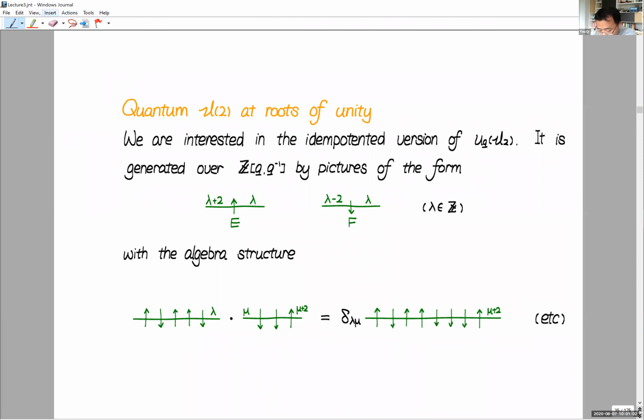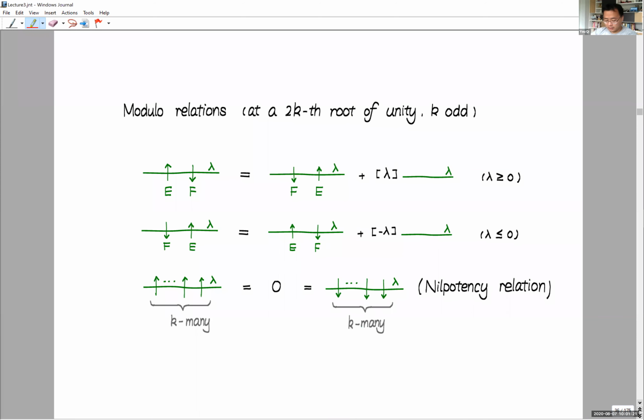Whenever these middle weights match, the resulting multiplication gives you a non-trivial element that corresponds to the juxtaposition of pictures. And of course, it's subject to certain relations defined by Serre.